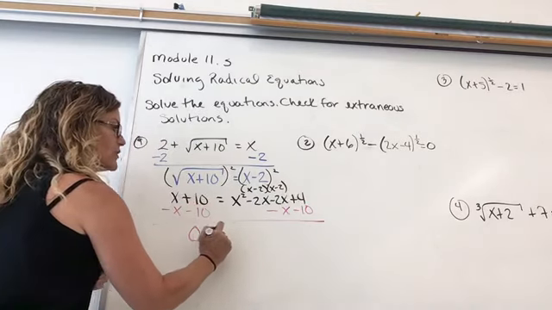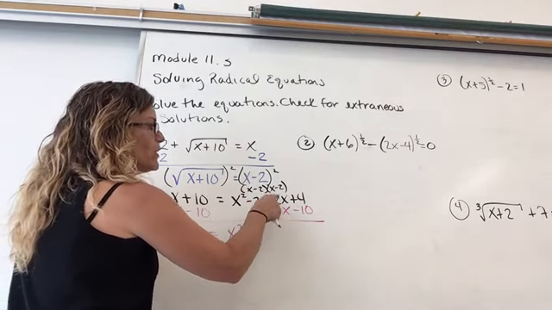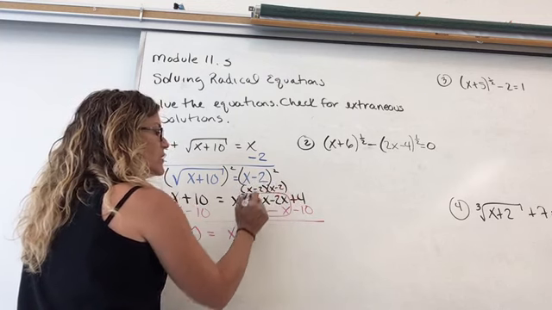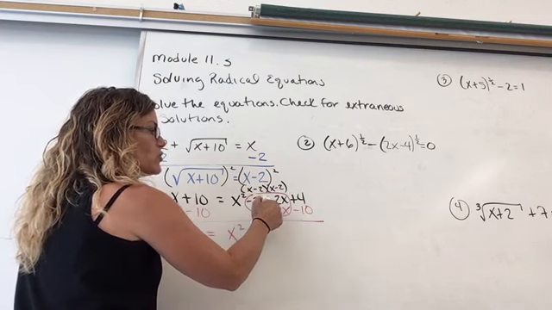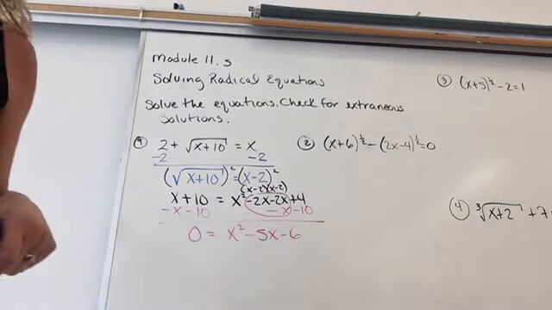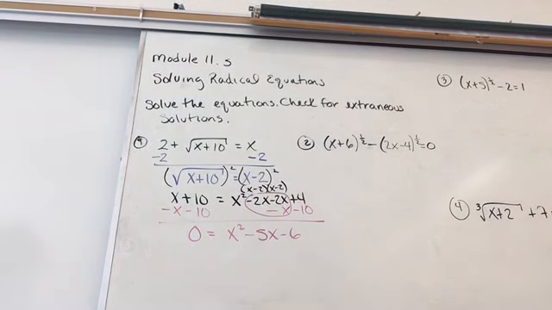So on this side I get 0, and I get x squared. Now I know I only subtracted it over, but I'm going to combine all these x's: minus 2x minus 2x minus x is a negative 5x, and a minus 6.